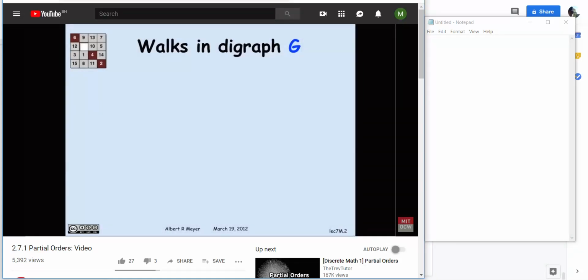So let's begin by discussing some of the properties that we're going to use to axiomatize partial orders and digraphs.